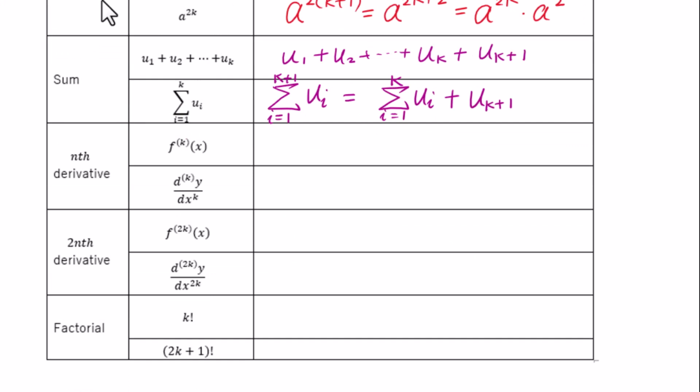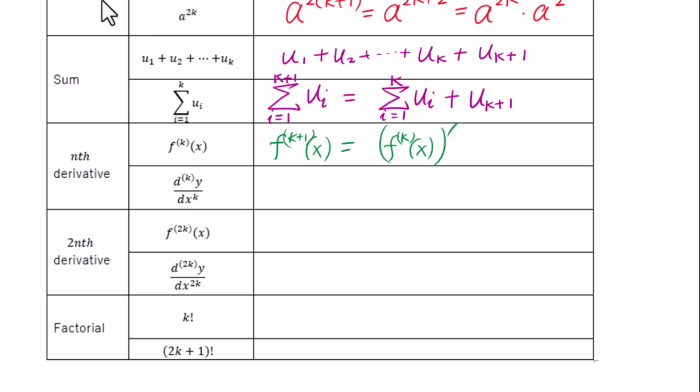For the nth derivative, the kth derivative of f of x, the next term will be the k plus 1th derivative of f of x, which equals the derivative of the kth derivative of f of x.